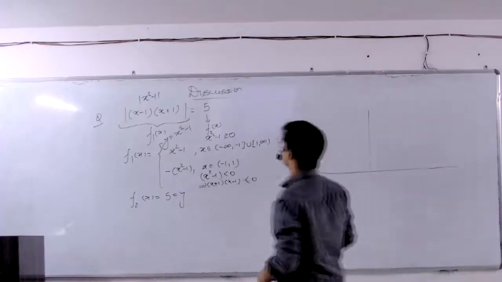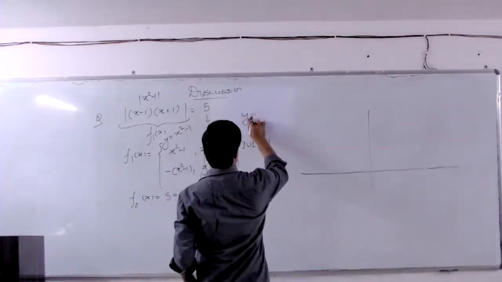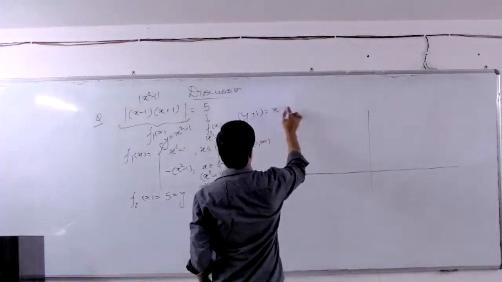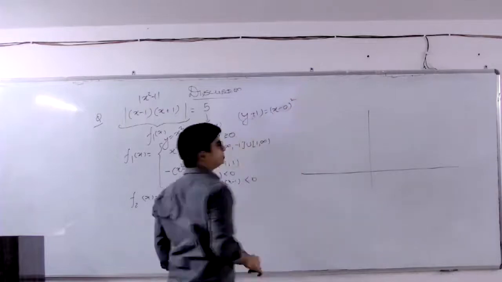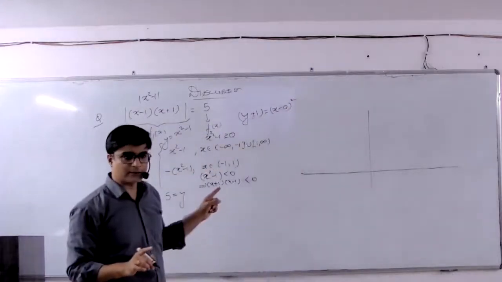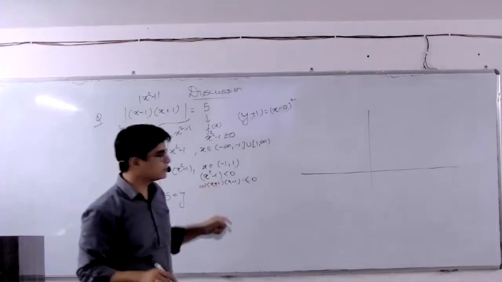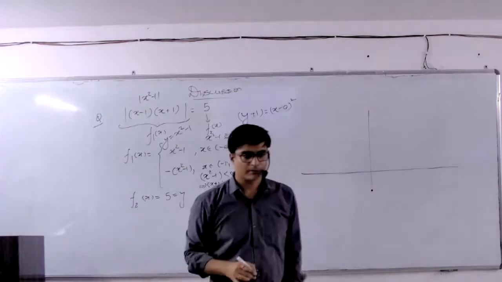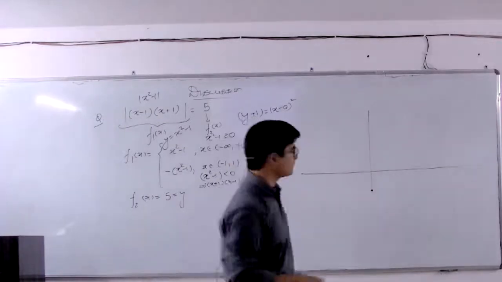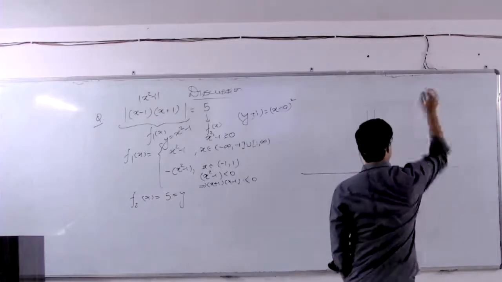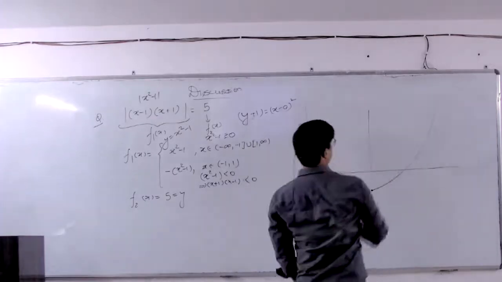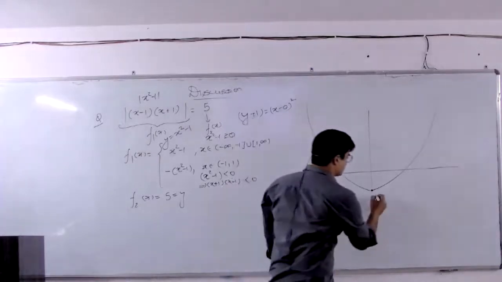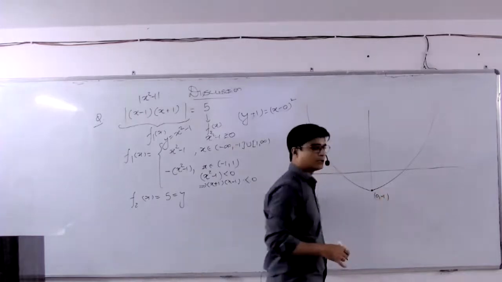See, if I write y equals x square minus 1, then I can write y plus 1 equals (x minus 0) whole square. So what is the vertex? 0 comma minus 1. So its vertex is on the y-axis at 0 comma minus 1, and the curve will be like this. Now what is this point?